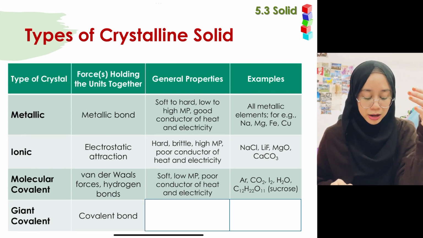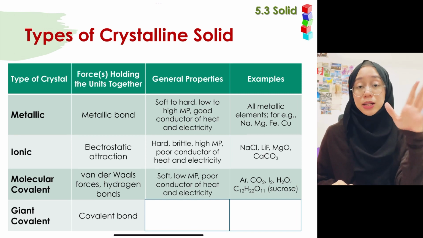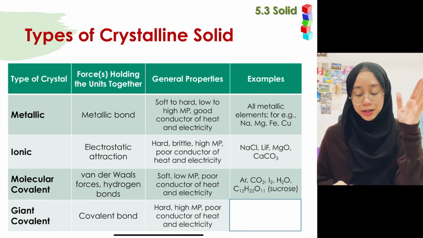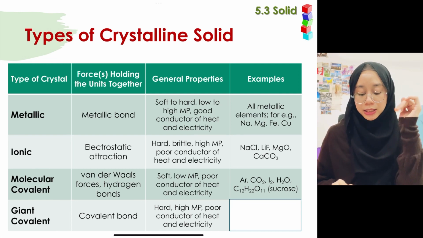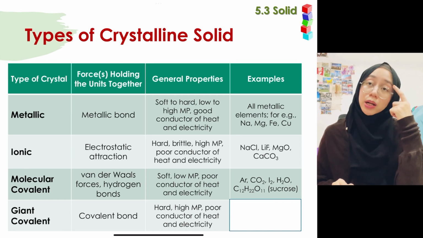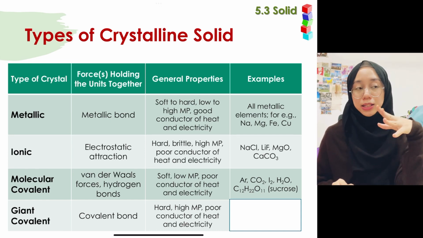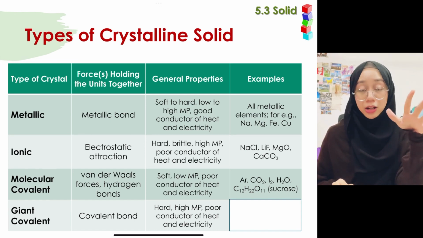Okay, what about giant covalent? So giant covalent secara generalnya, it has a hard material and high melting point, but then a poor conductor of heat and electricity. So kalau yang ni, this one applies to diamond. I mean like generally it applies to any giant covalent structure lah.